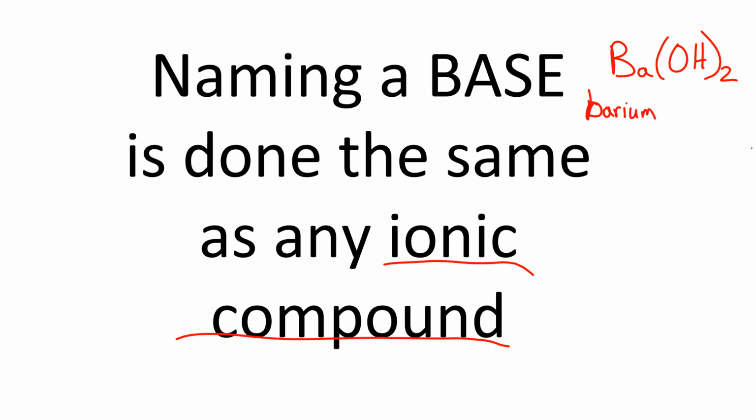Barium, and then the OH is hydroxide. Nothing changes from anything that we've taught so far. So naming a base is just strictly ionic rules because a base is an ionic compound by nature. It's going to be a cation and the anion OH.